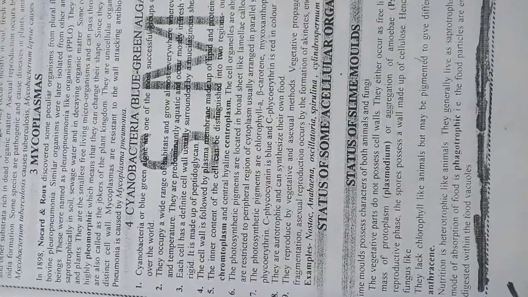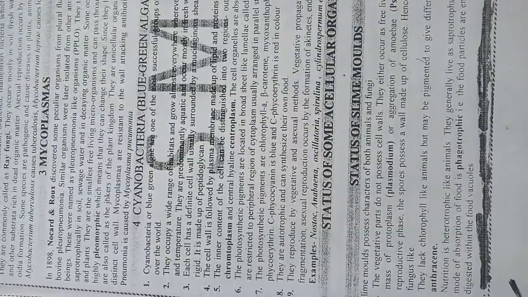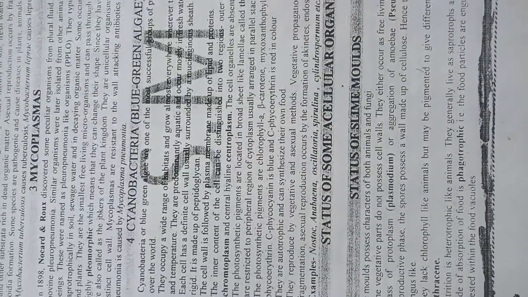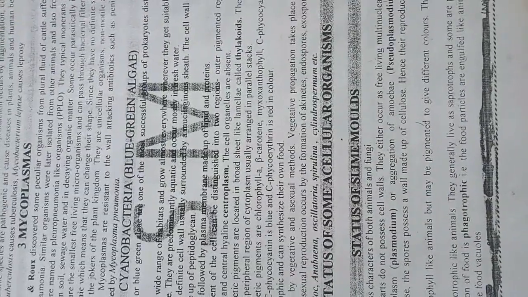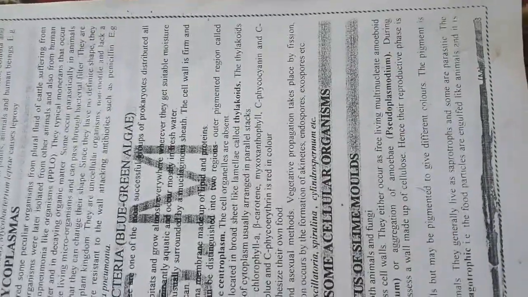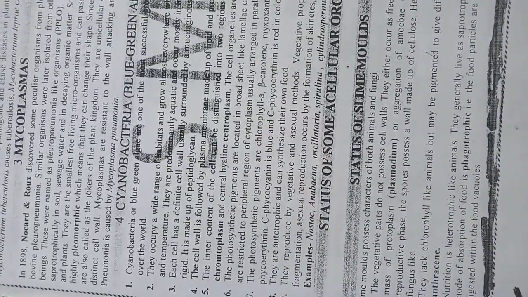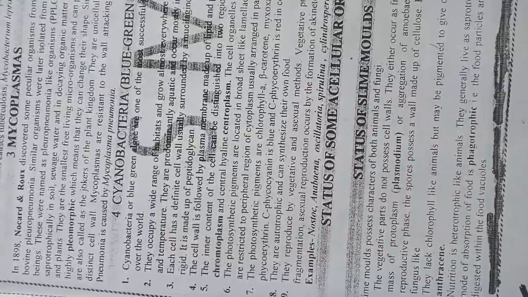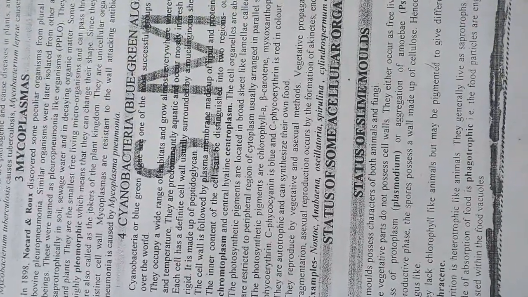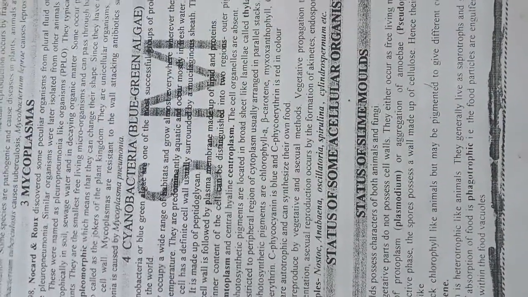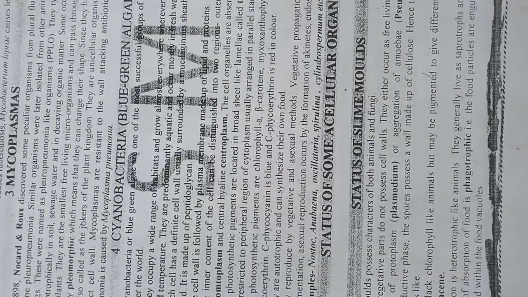Number second, they occupy a wide range of habitats and grow almost everywhere wherever they get suitable moisture and temperature. That means under the favorable conditions of moisture and temperature, they are found in each and every habitat and grow everywhere and anywhere.